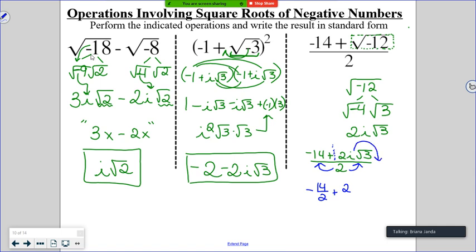So it'll be 2 square root of 3 over 2, i. And finally simplifying that, because 14 divided by 2 is 7. 2 over 2 is 1, square root of 3i.